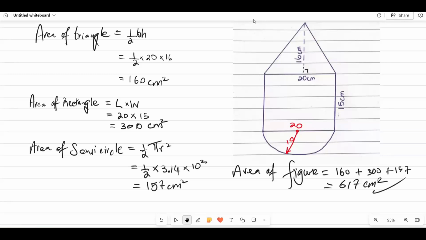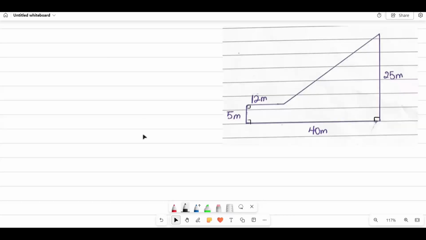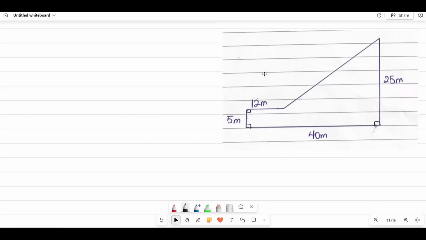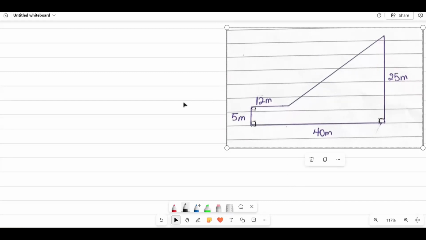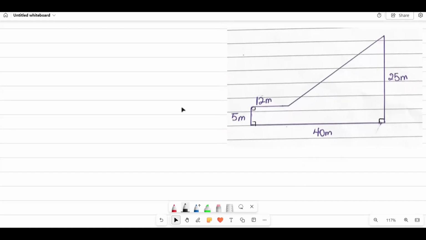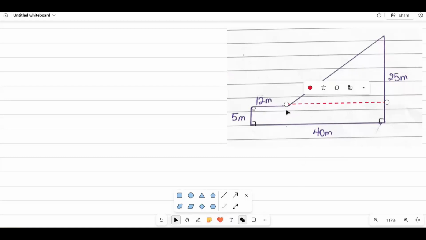Let's take a look at another question. This is the third and last example of finding the area of component shapes that we're going to be looking at. We have this shape here. We could do a number of things with it, but I'm going to cut it into two shapes that we're very familiar with. So I'm going to take it along here. I'm just going to extend this line here.